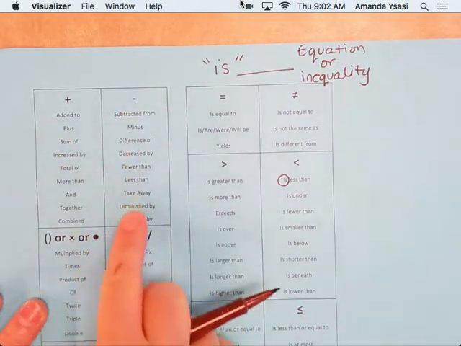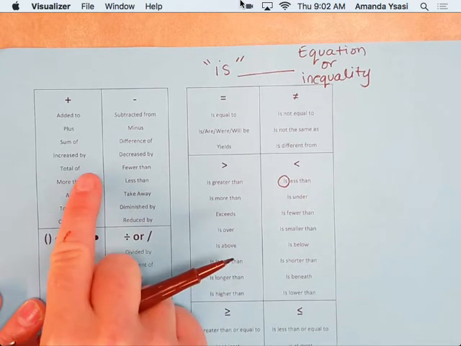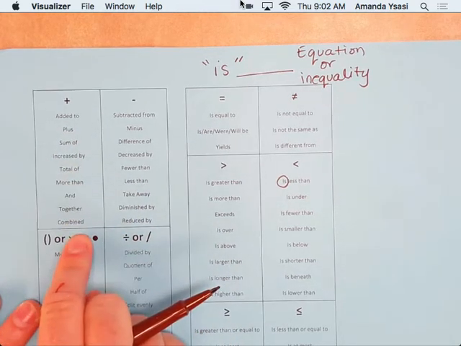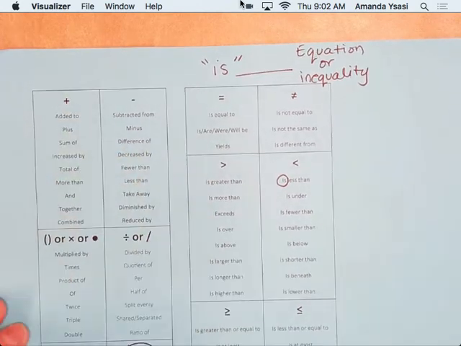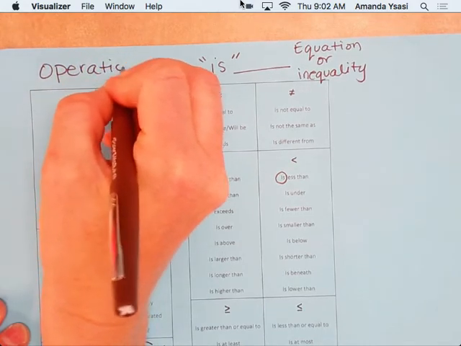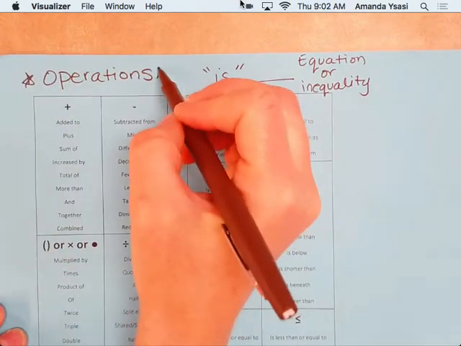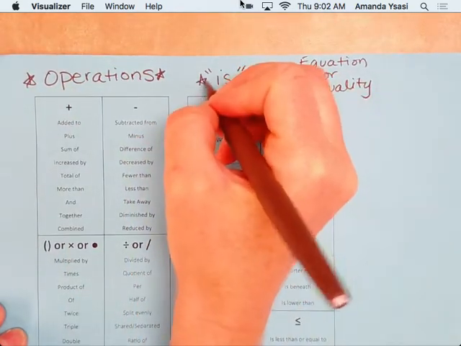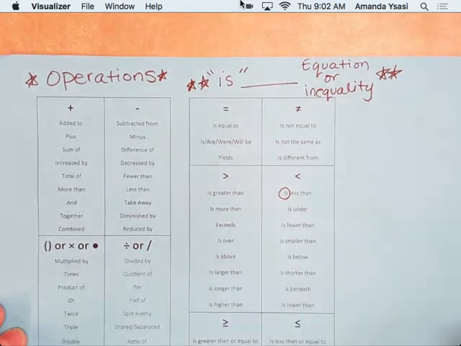These do not have is. It just says less than, or it says greater than, added to, sum. This is your operations over here. And then these right here deal with equations and inequalities.